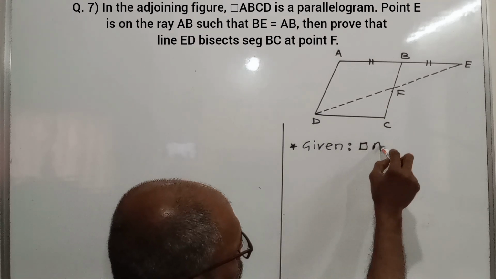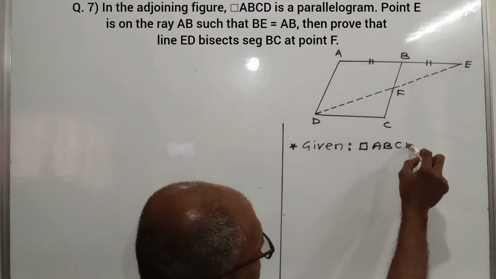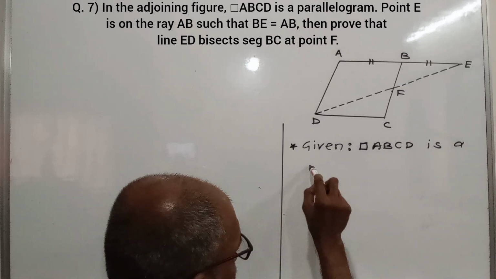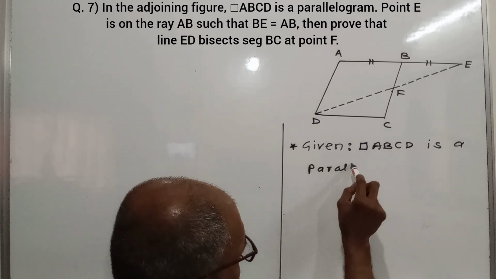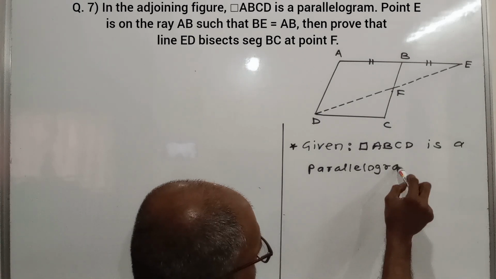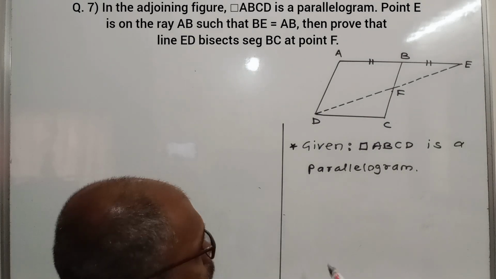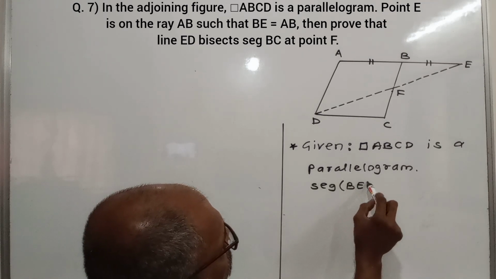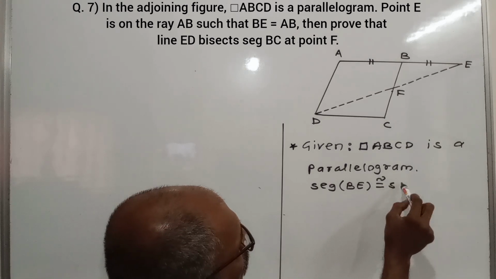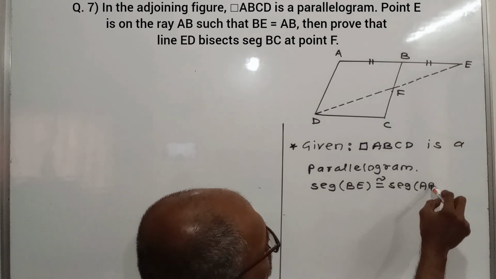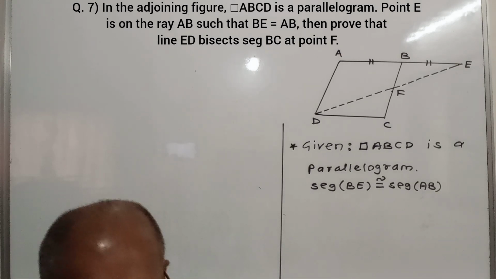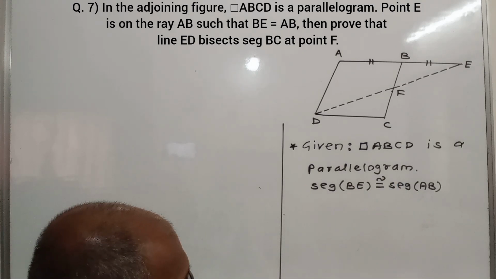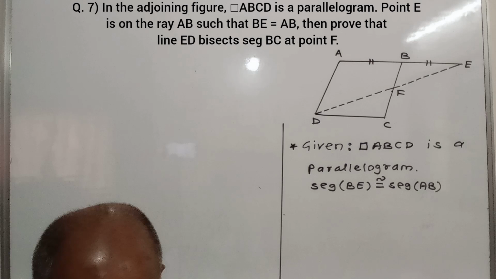Quadrilateral ABCD is a parallelogram, and we have given segment BE congruent to segment AB. This is given.